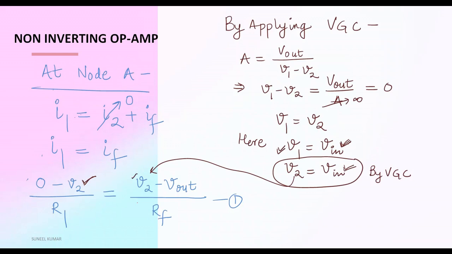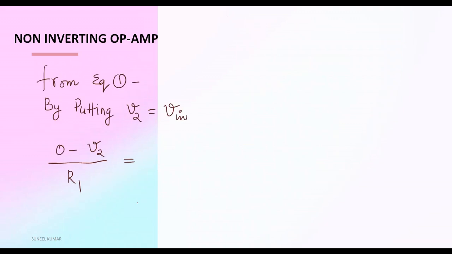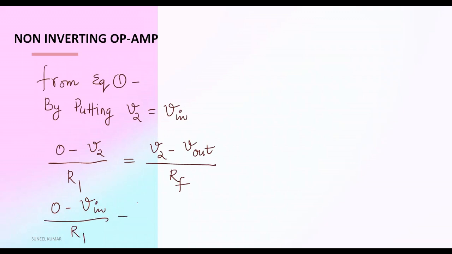So this becomes V input minus V output divided by RF. So we can write 0 minus V input divided by R1 is equal to V input minus V output divided by RF.